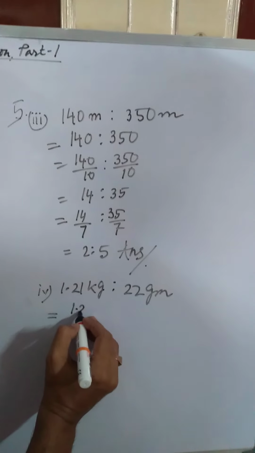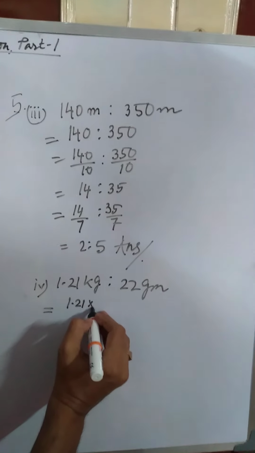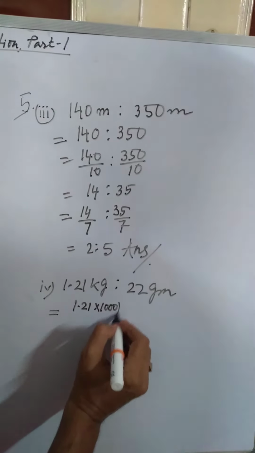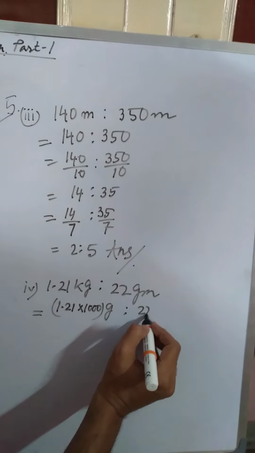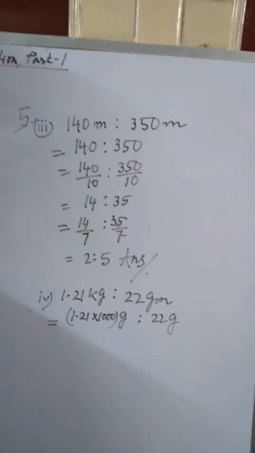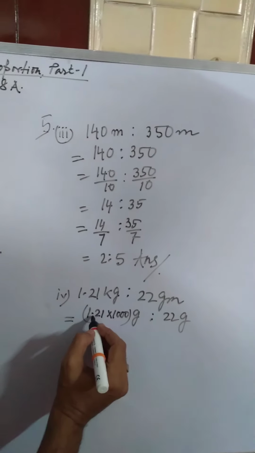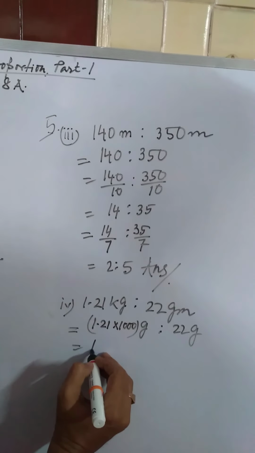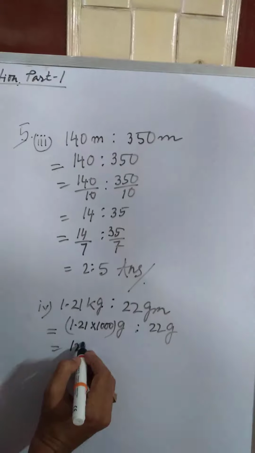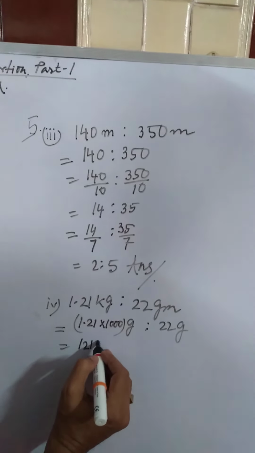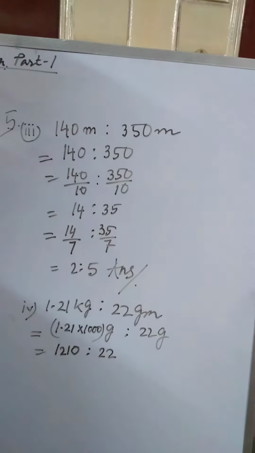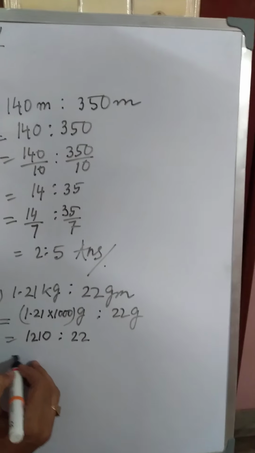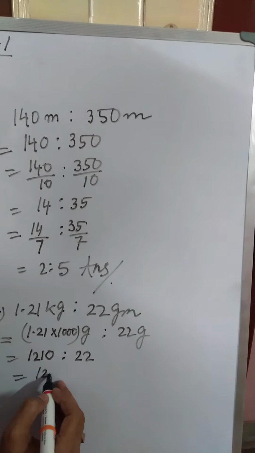So 1.21 kilogram multiplied by 1000 comes to gram is to 22 gram, because 1 kilogram equals 1000 gram. Now remove the decimal. So it comes 121 and 1210 is to 22. Do not write the unit whenever you are going to express it in the ratio form.